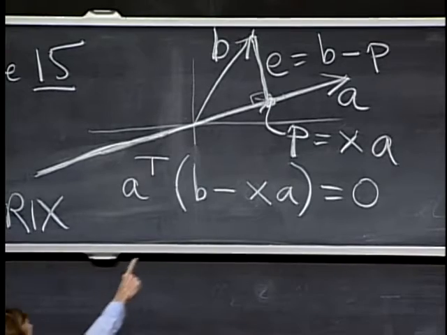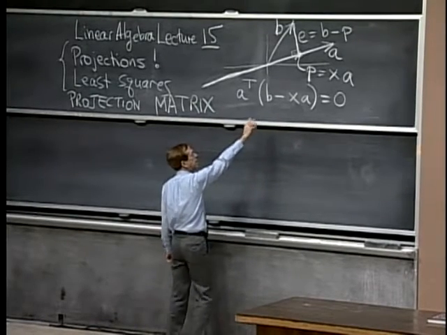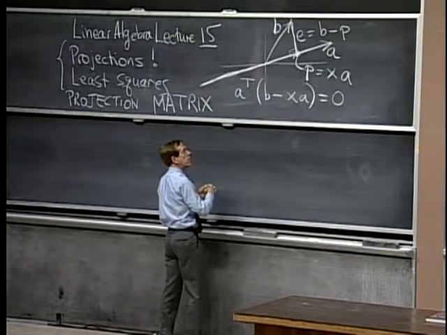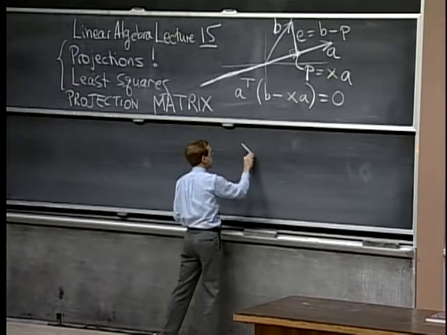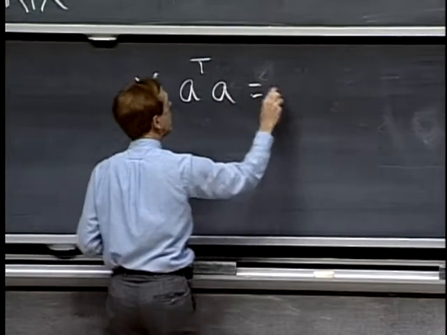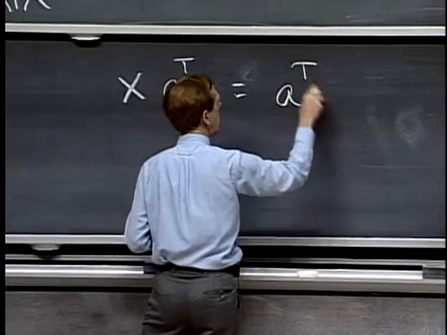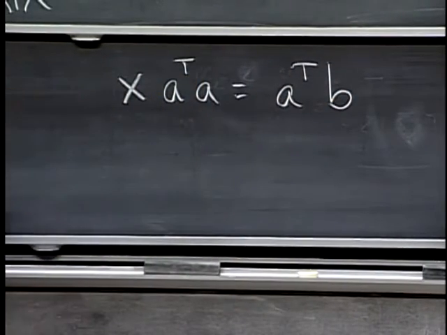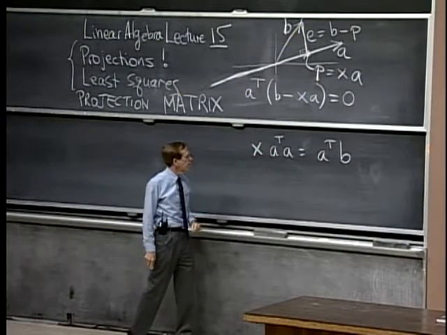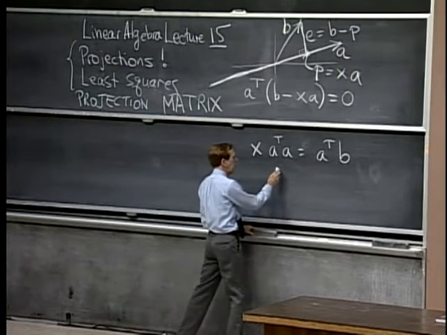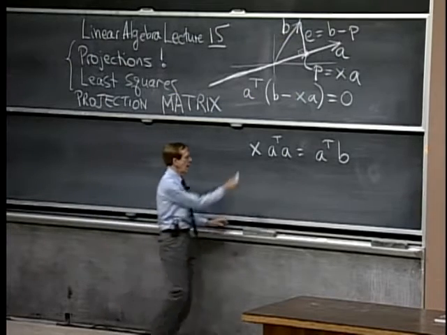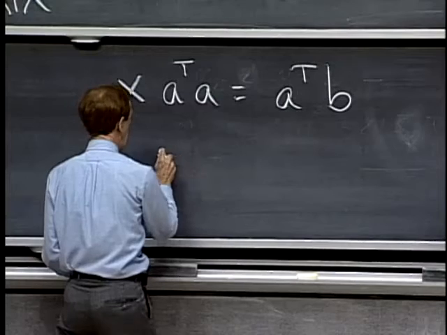OK. So if I simplify that, I'll move one term to one side, the other term on the other side. It looks to me like x times A transpose A is equal to A transpose B. Right? I have A transpose B is one term, A transpose A is the other. So right away, here's my A transpose A, but it's just a number now. And I divide by it, and I get the answer.